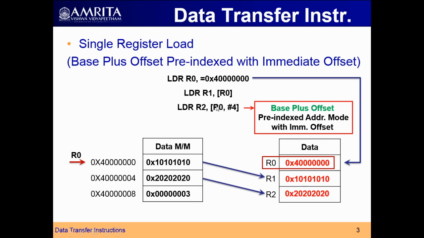So R0 is the base address. To that you are adding the offset of type immediate. Then why is it known as pre-indexed addressing mode? Pre-indexed means you are adding the base and offset, or you are performing the incrementing operation, before the load operation is done. Right? You are updating or incrementing the address before performing the load. So you will update the address, then from the updated address only you are loading the data. Right?